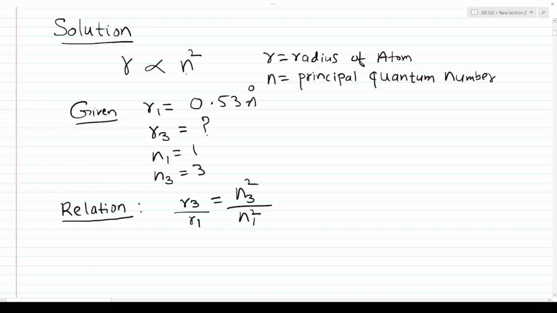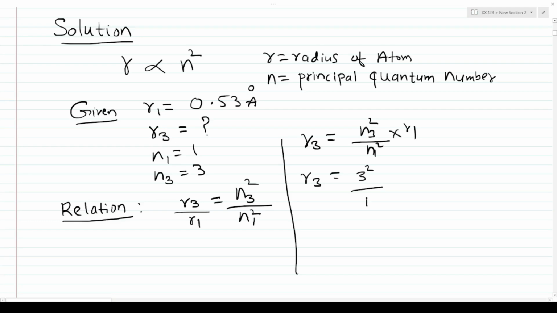R is proportional to n square. R1 equals 0.53 angstrom units. We need to find R3, and the relation is R3 upon R1 equals n3 square upon n1 square. Therefore, R3 equals n3 square upon n1 square into R1, so R3 equals 3 square upon 1 square into 0.53.